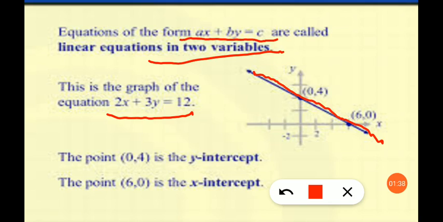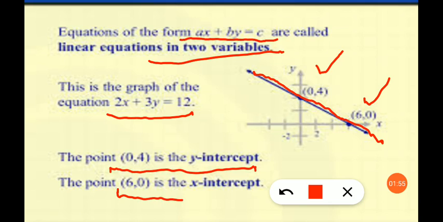Here, the straight line 2x plus 3y is equal to 12 intersects the x-axis at point (6, 0) and y-axis at point (0, 4). So (0, 4) is the y-intercept and (6, 0) is the x-intercept of the graph.